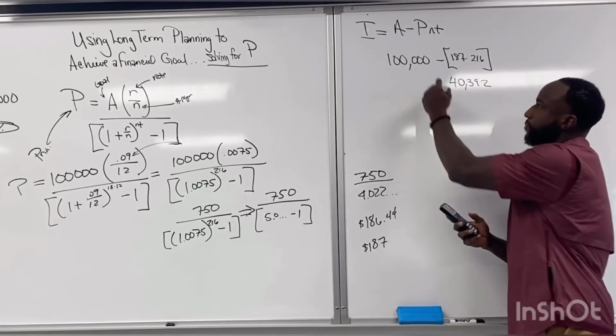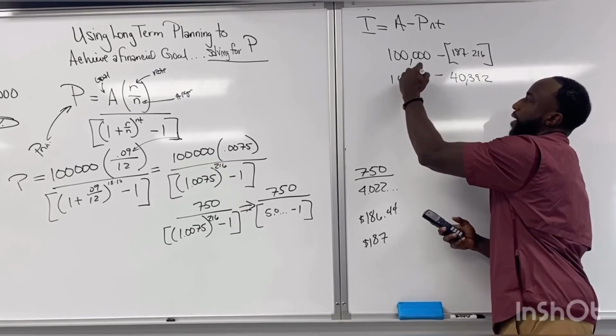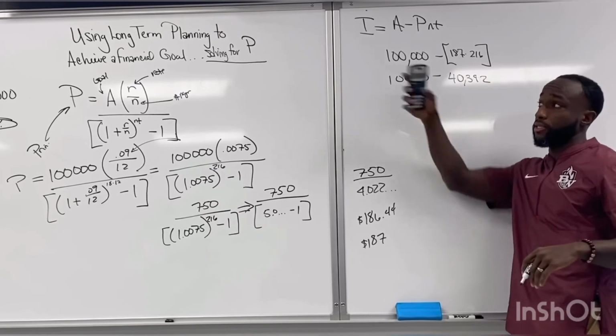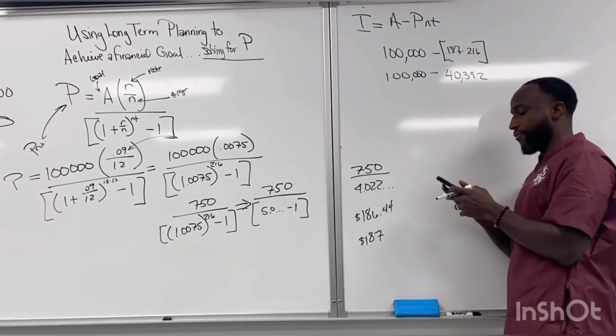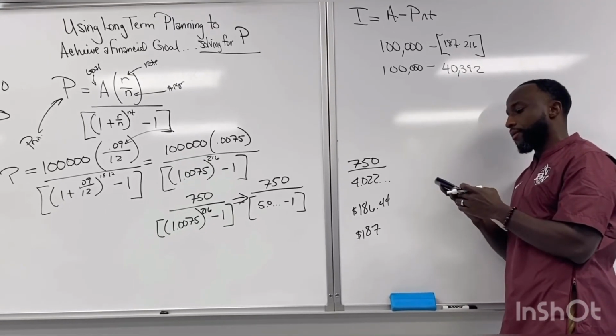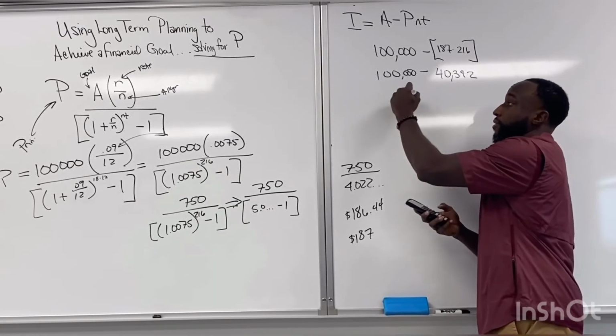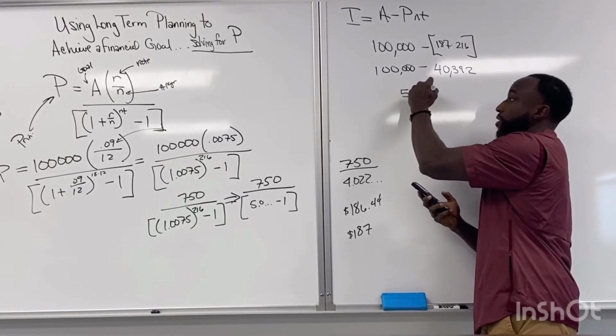So we're only paying 40,000 over 18 years. The bank is going to give us 59,608.